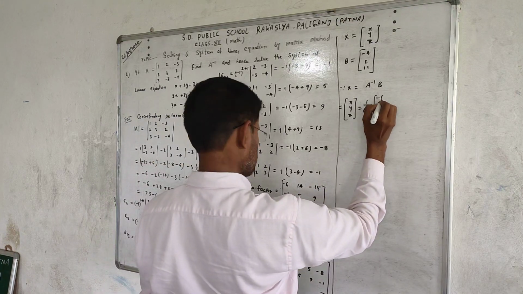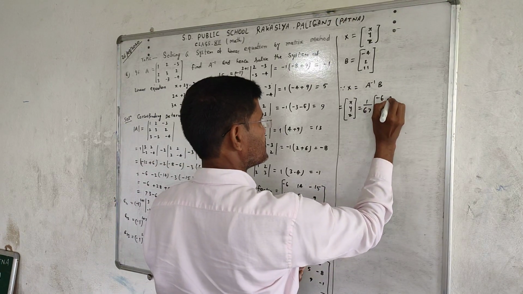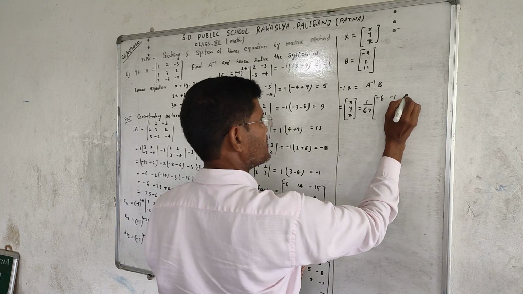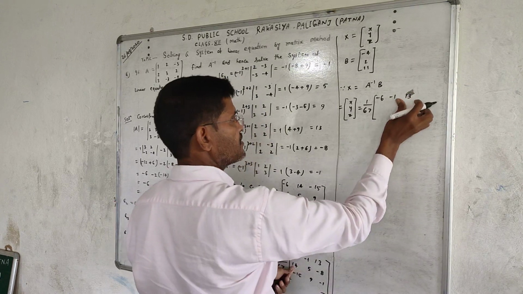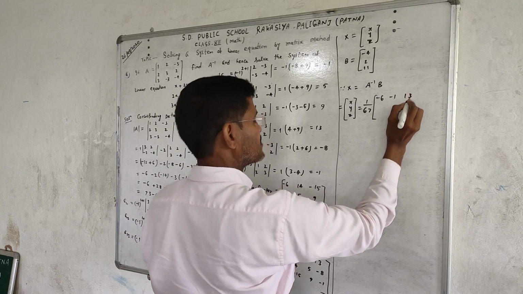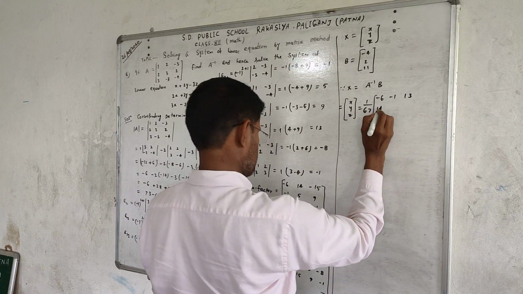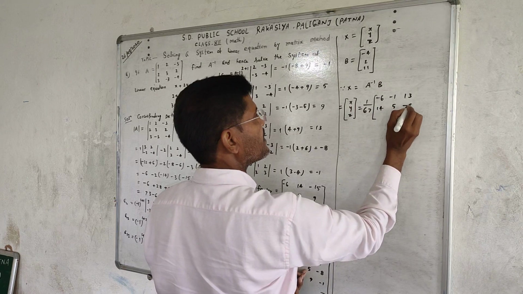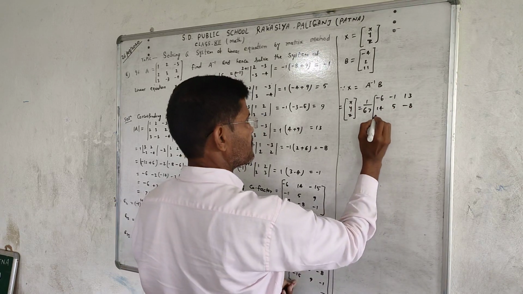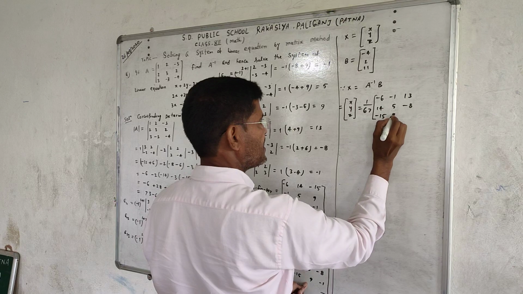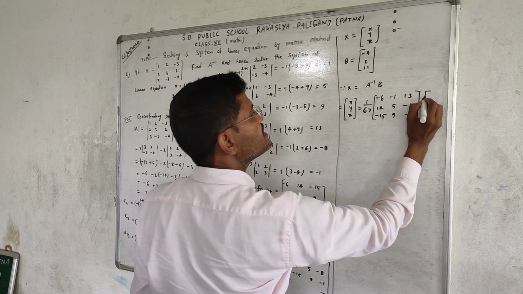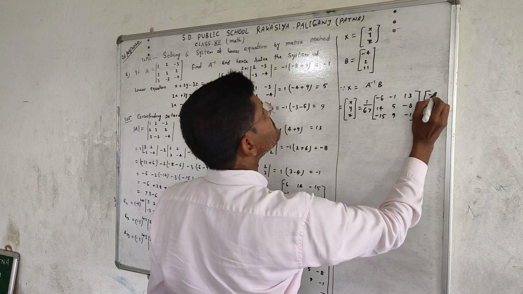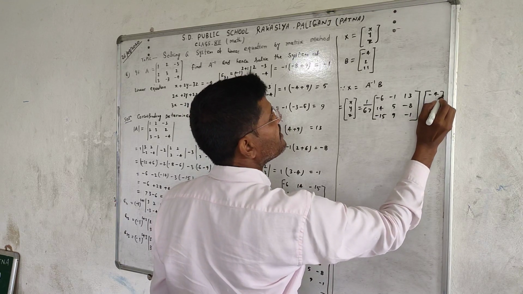the matrix [-6 -1 13; 14 5 -8; -15 9 -1], which is A inverse, times B, which is [-4; 2; 11].